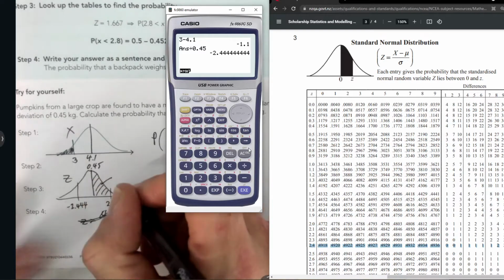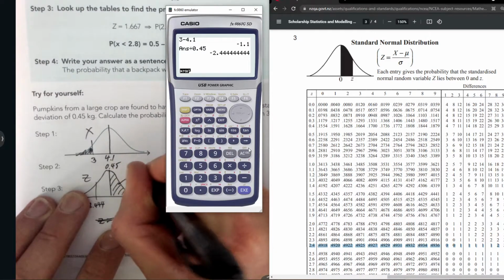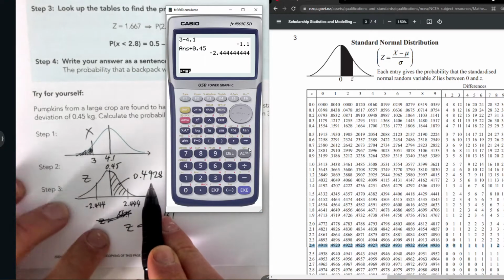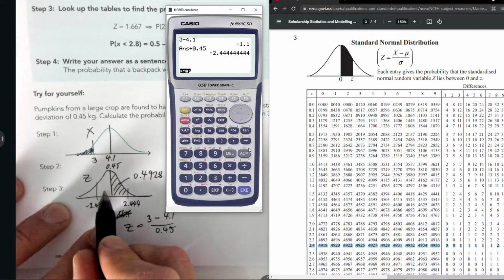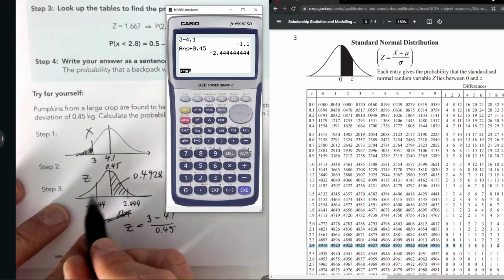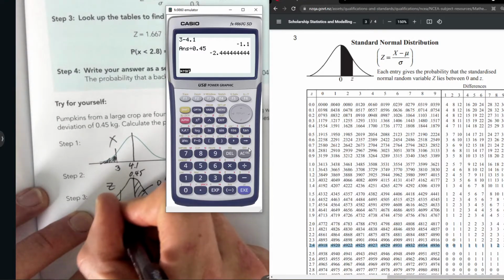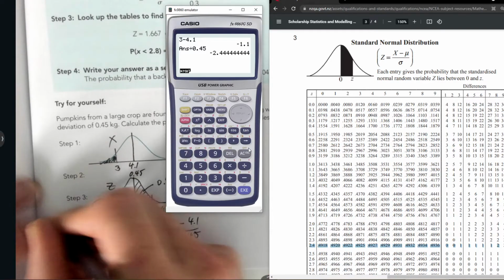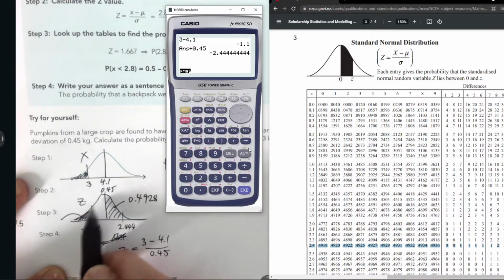Then let's find this probability. Oh, we found it from before. It was 0.4928. If that is 0.4928, we then know that that is the same as this using a mirror. And then to get to this chunk here, which is the one that's important to us, we need to do 0.5 minus this chunk here.